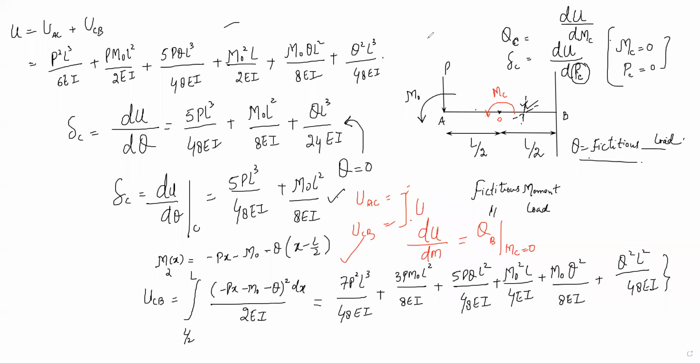Sometimes we do what is known as the modification of Castigliano's theorem, which I should slightly touch upon. If you look at the total expression of the strain energy, we write U equal to the integral from 0 to L of M square dx by 2EI.